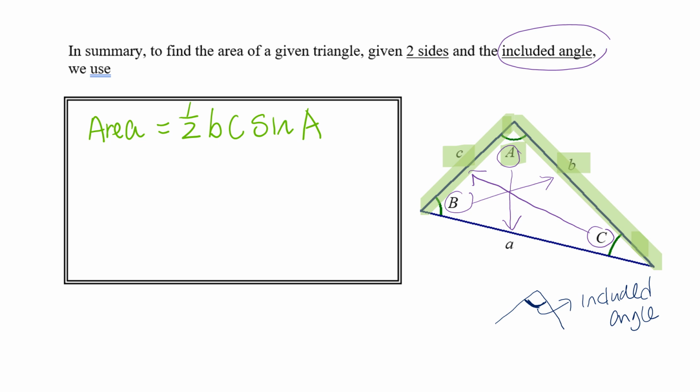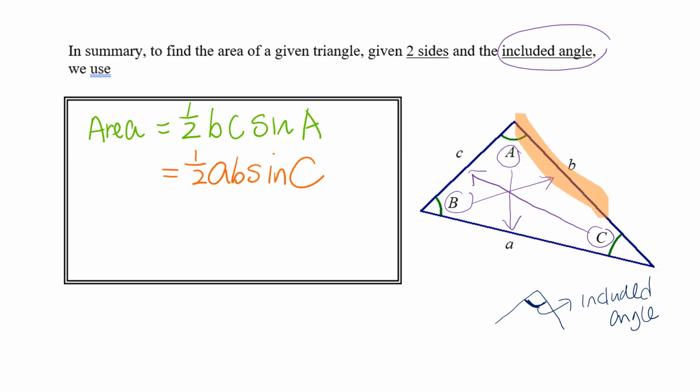Supposing you're not given sides B and C, supposing you're given sides A and B instead, then the included angle will be your angle C. The angle between your sides B and A will be angle C. So in this case, the formula you should use will be half AB sine C. And supposing you're given side A and side C instead, then the included angle will be B, so the formula will be half times A times C times sine B. So this is how you use the formula to find the area of any type of triangle.